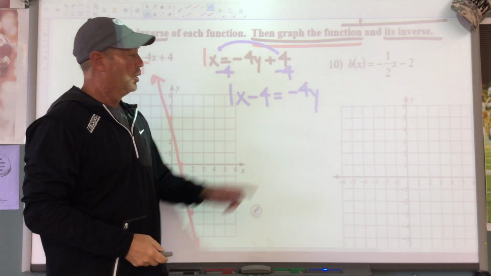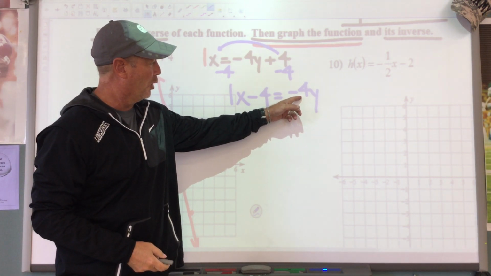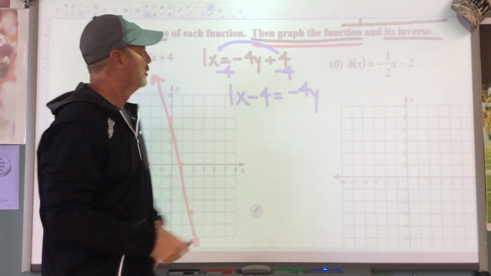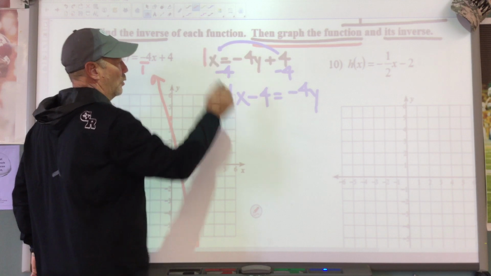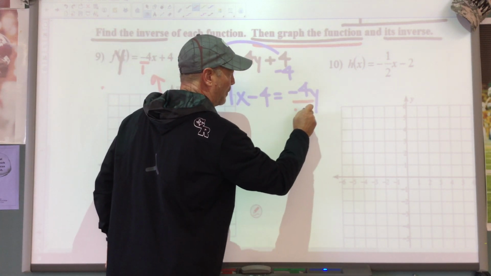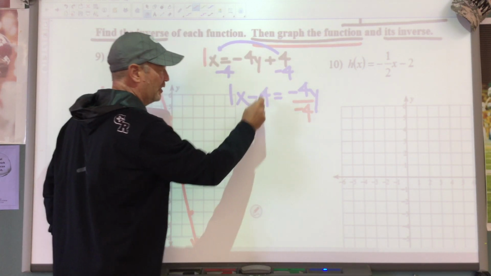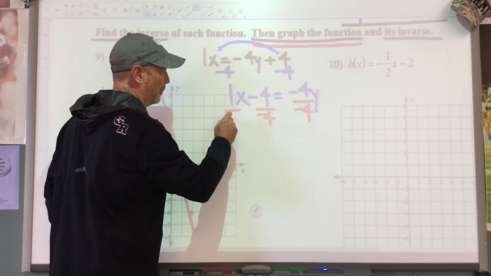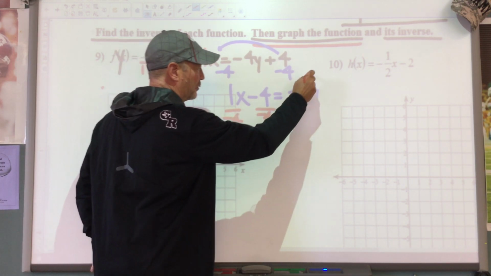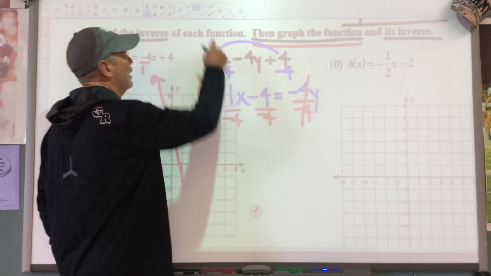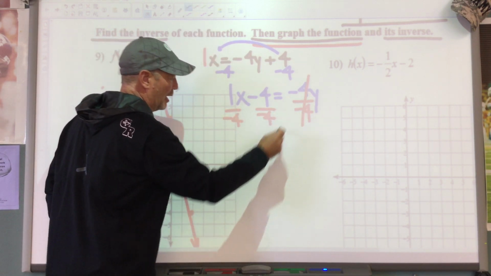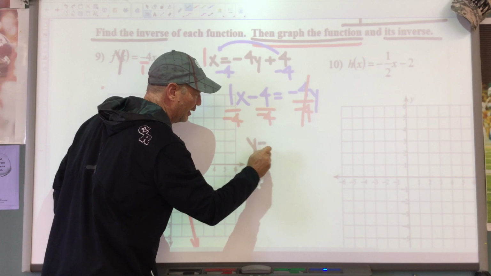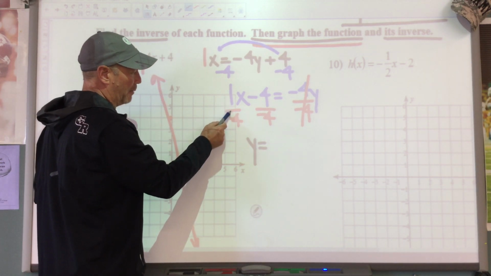Almost done. We need to get the negative 4 away from the y. To do that, we're going to divide by negative 4. Each term gets divided by a negative 4. This will cancel, and this will leave us with y equals 1 divided by negative 4.